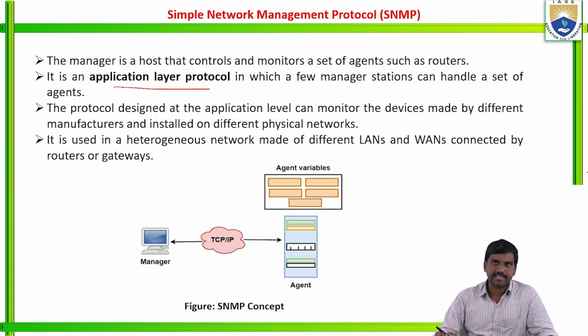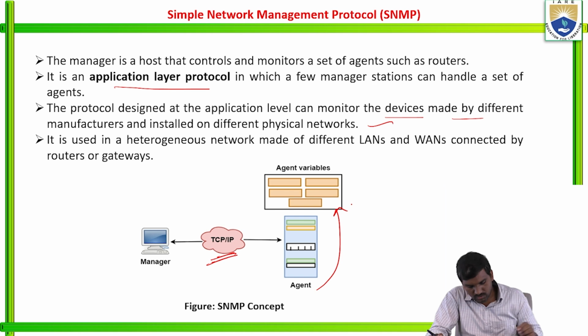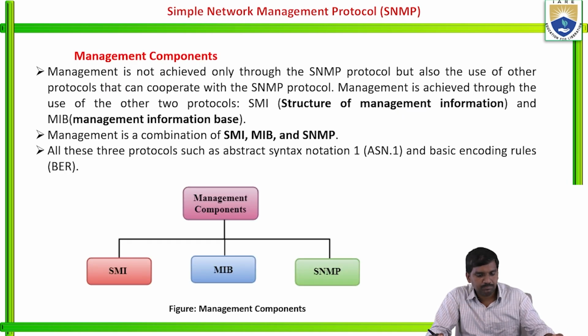The protocol designated at the application level can monitor devices made by different manufacturers and installed on different physical layers. So this is the manager using the TCP/IP protocol, and the agent holds the variables. So this is the small concept of SNMP.